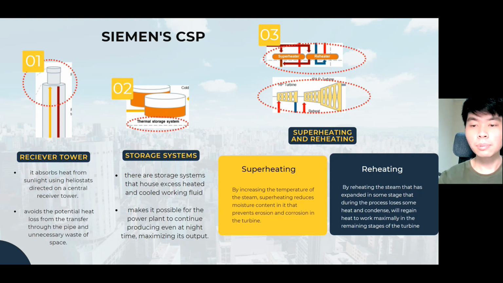So reheating helps it maintain its heat content for the remaining turbines, ensuring that its work is maximum for the remaining stages of the turbines. Nonetheless, these are some of the ways Siemens CSP is able to improve the output efficiency of their solar power plant system.